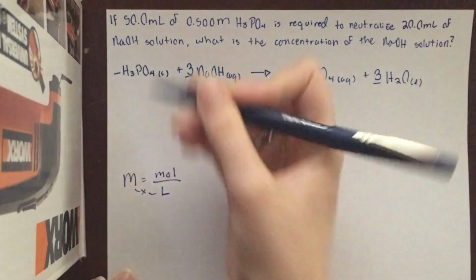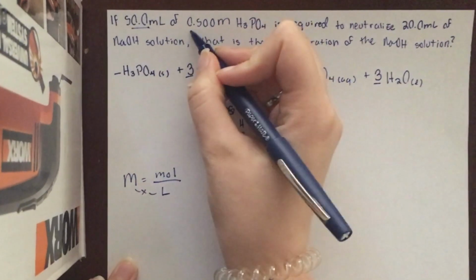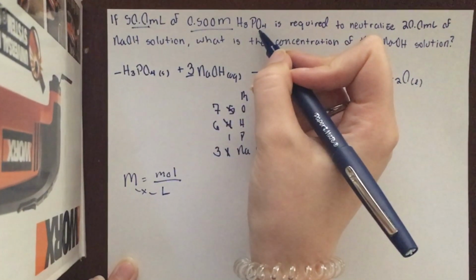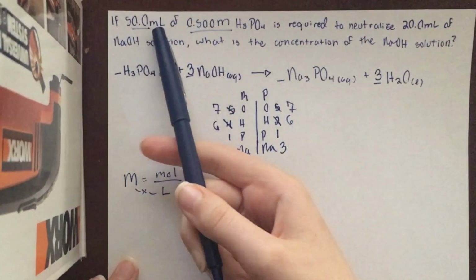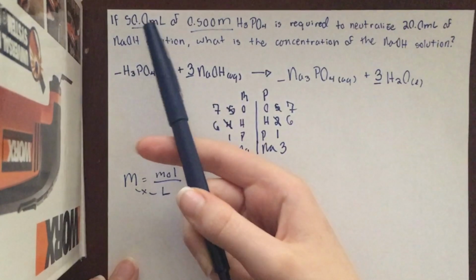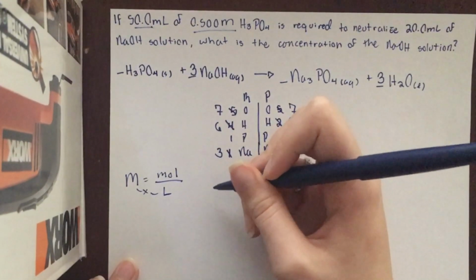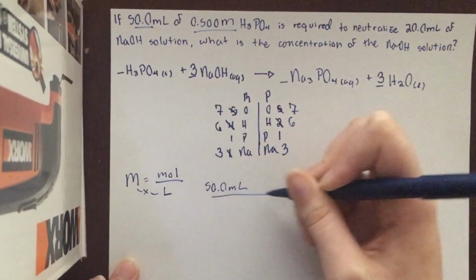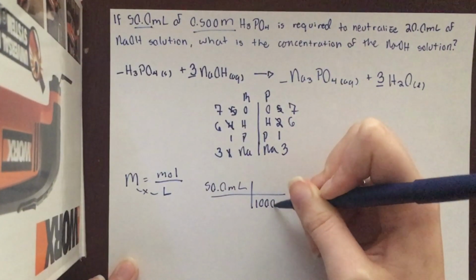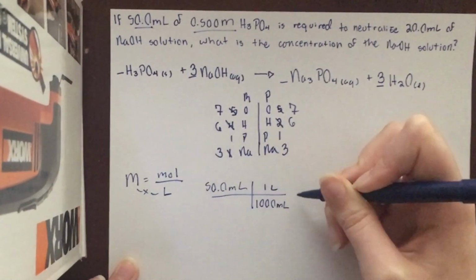Now that we know our liters and the molarity of our phosphoric acid, we can solve for the moles of that first. But first, we have to convert our volume from milliliters to liters, and we can easily do that by dividing by 1,000, because we know 1,000 milliliters is equal to 1 liter.